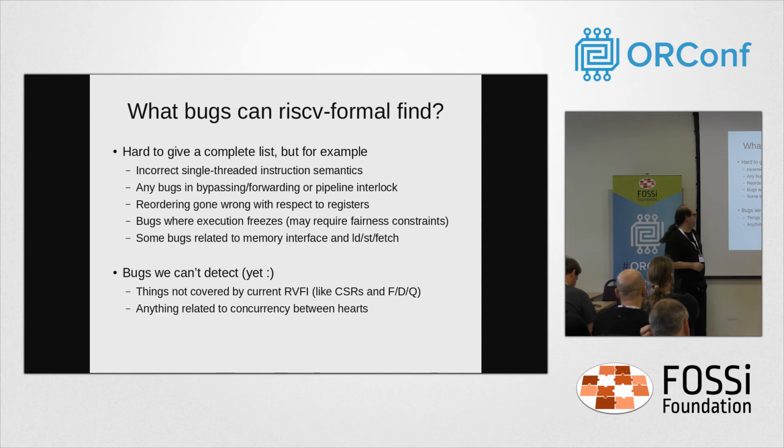The other thing we can't do right now, inherently because of the way we handle those checks, is things related to concurrency and multiple harts. But I have a good excuse here, because right now the memory model isn't frozen yet, so I wouldn't even know what to check.